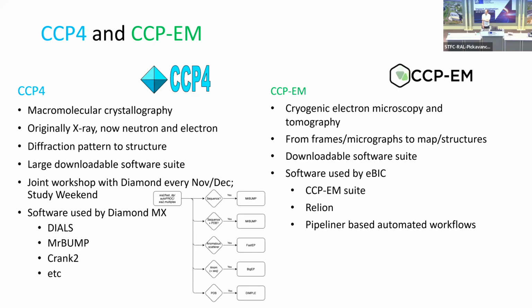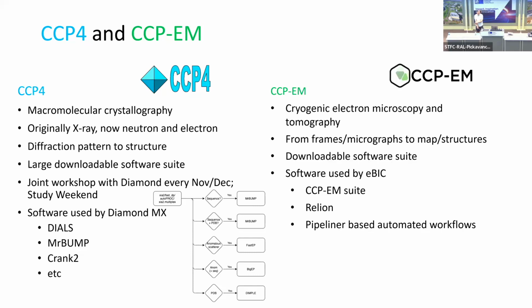That software is there on the Diamond MX beamlines for general use. Also, bits of it are incorporated into the automated data processing that Diamond does. Diamond also have their own processing pipelines, which under the hood use some elements of our software and other elements.